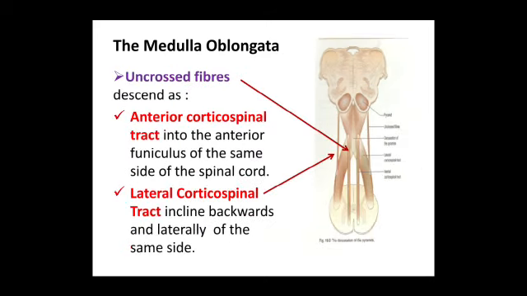The remaining fibers form the uncrossed fibers. They descend as the anterior corticospinal tract and lateral corticospinal tract. The anterior corticospinal tract goes into the anterior funiculus of the same side of the spinal cord, and the lateral corticospinal tract is inclined backwards and laterally on the same side.